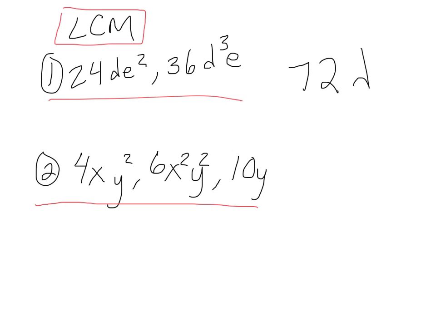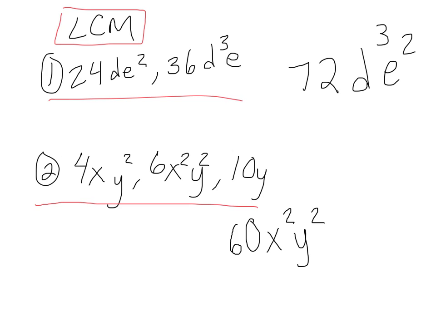72 d to the third, e to the second should be the answer for the first. And then the answer to the second, I'm doing it in my head right now, I think it's 60 x squared y squared.